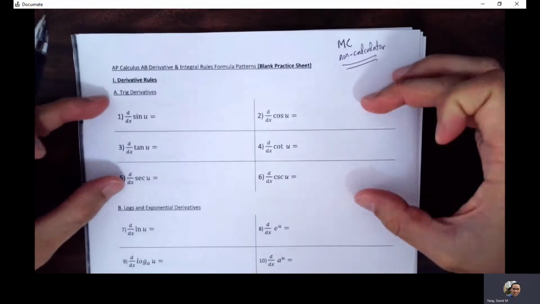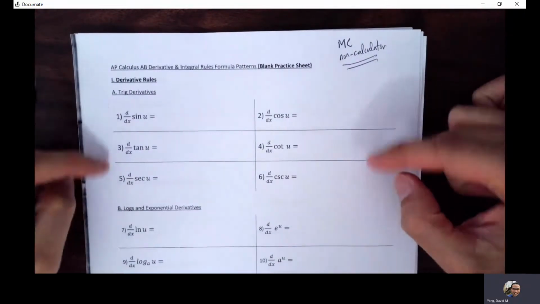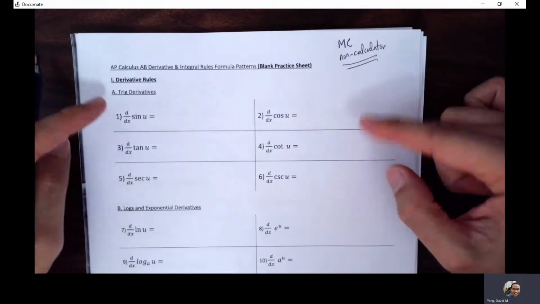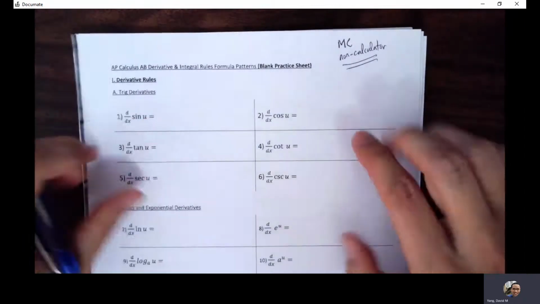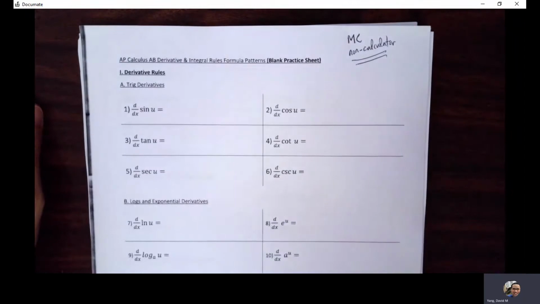So I just want to show that if you are able to write the derivative rules down in this order, there are some nice patterns that hopefully will help you memorize them a little quicker, a little faster, a little more efficiently.